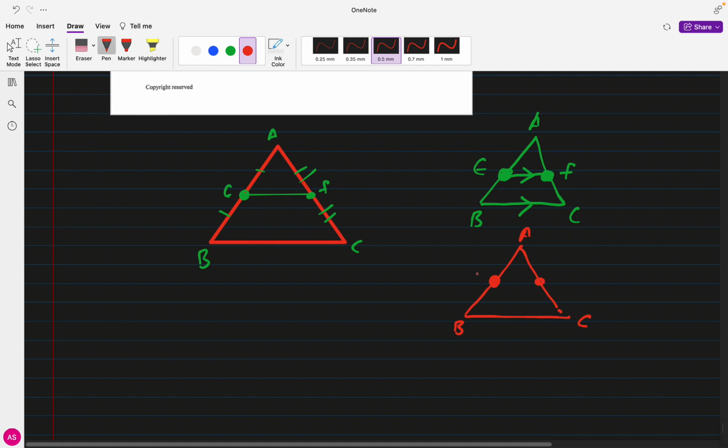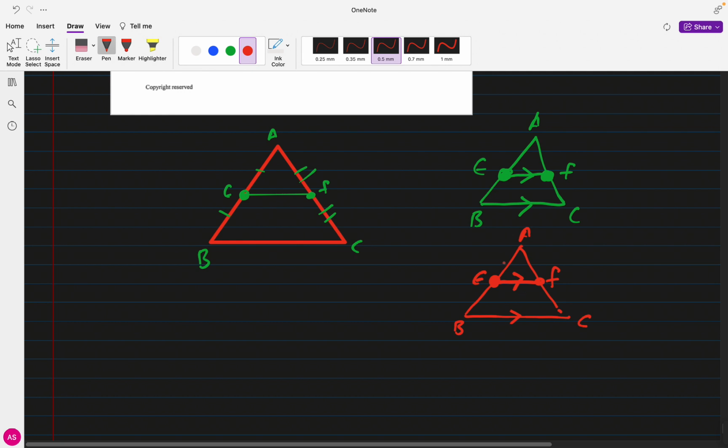So this E is the midpoint of AB, and this is F, the midpoint of AC. Now it says a line drawn at the midpoint of one side to the second side. Basically, that means EF is now parallel to BC. And this is called the midpoint theorem, guys. That's very, very important. Right.